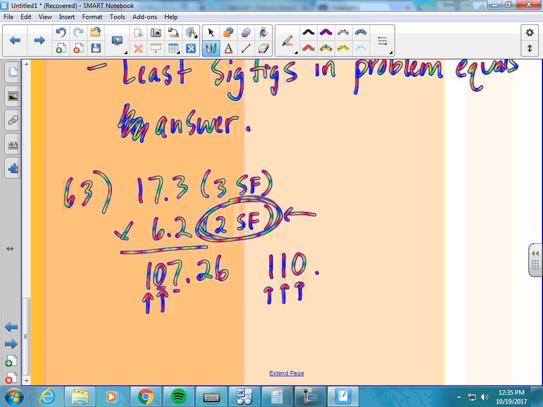Okay, I can't round off 107 to like 11, because that's not right. So I can either round this up to 110 or just keep it down at 100. And since it's a 7, now if it had 3 sig figs, then I would look at the next digit and say, okay, it's 107. But since this only had 2 sig figs.